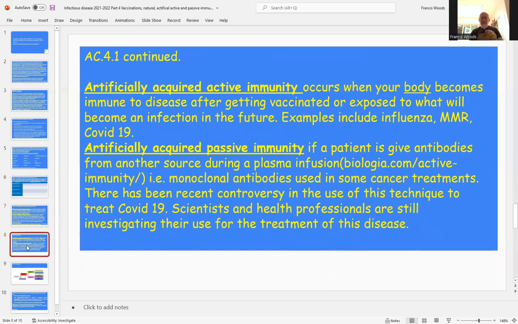Okay, moving on. Artificially acquired active immunity. Artificially means you have to go out and do something about it. And that occurs when your body becomes immune to disease after being vaccinated or exposed to what will become an infection in future. So sometimes we used to have, when I was a young lad, mumps parties, or measles parties or rubella parties.